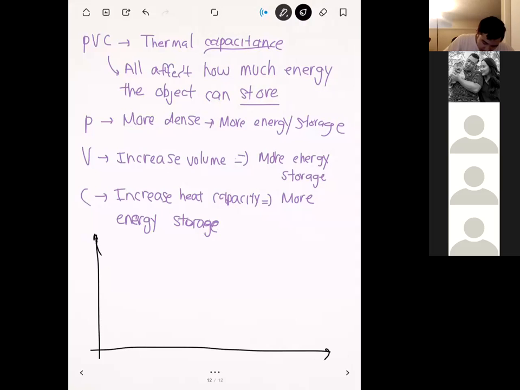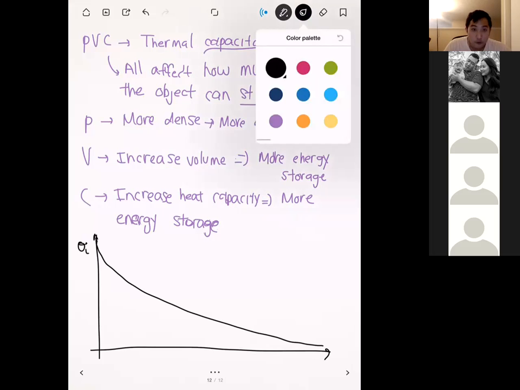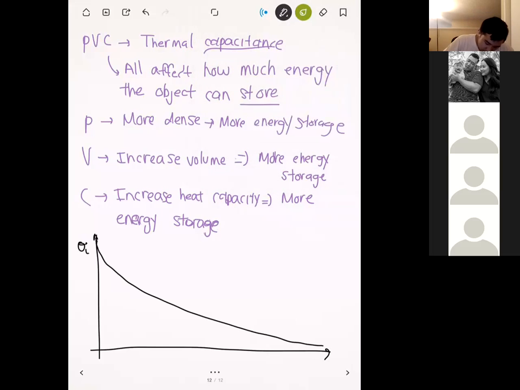And so here's our base curve. This is the solution that we found from the base case. Let's talk about the resistance first. If we decrease the resistance, the temperature is going to decline more rapidly, and visually it looks something like this.